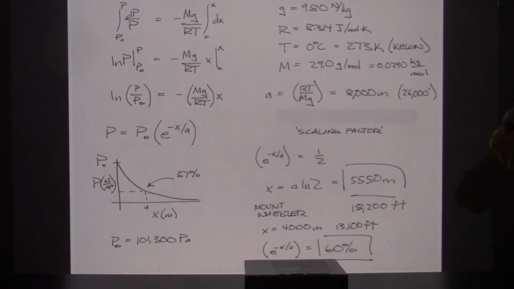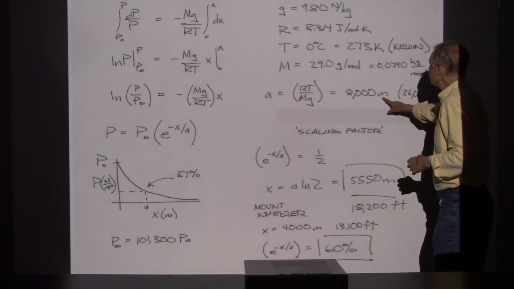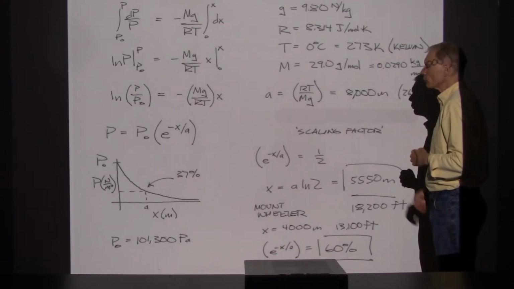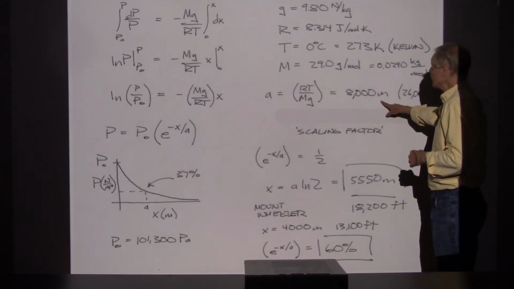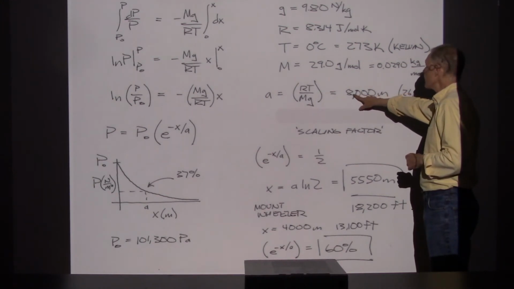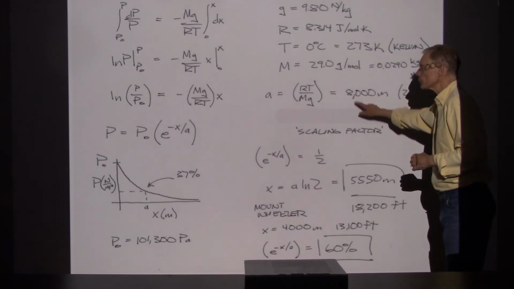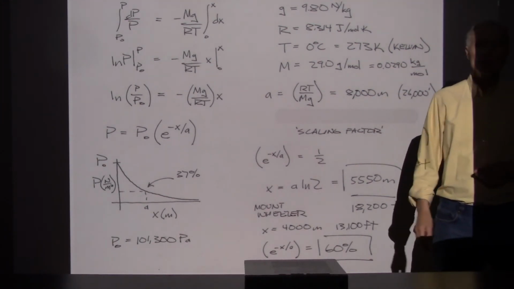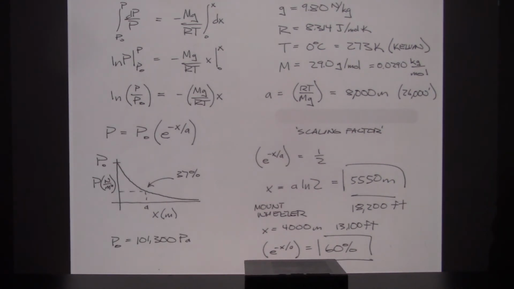If I go up an additional 8,000 meters, that drops me down to about 14%, and a third 8,000 meters, 24,000 meters, I'm down to about 5%. So you can see that the thickness of the atmosphere drops off really quickly.